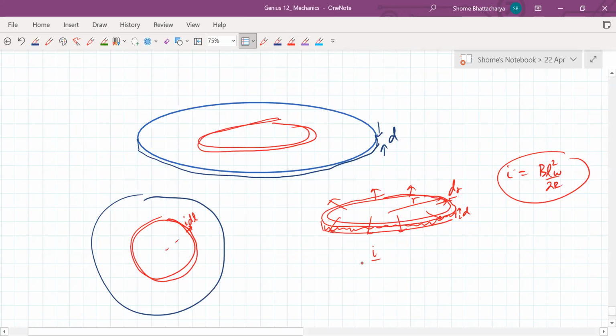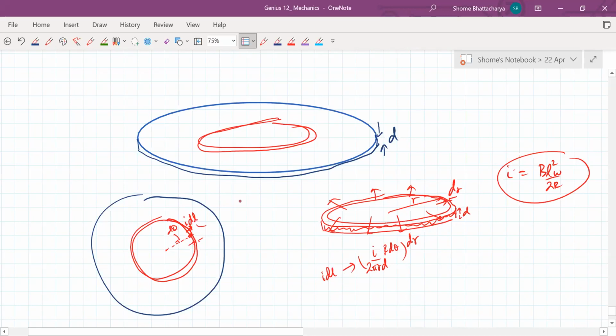This inner surface area will be 2 pi r into the thickness d, into, considering a small section like this, d theta, so r d theta. That is the amount of current going through a small element of thickness r d theta. And it is going through a length where dl is actually dr, because that is the thickness of this. So this is your current element I dl.